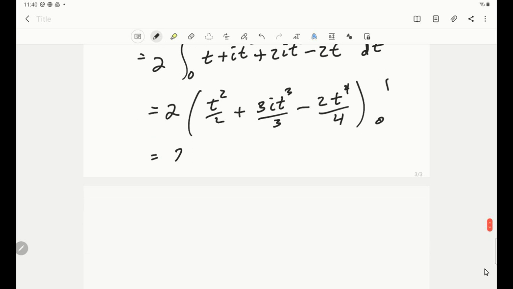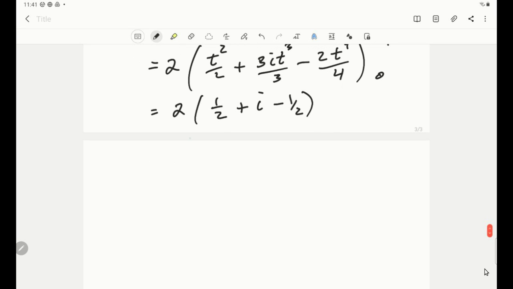So this is 2 times 1/2 plus i minus 1/2. Don't need to do 0, we get 0. So this is equal to 2i. So that same darn answer again. So it looks like, yeah, this really does work.